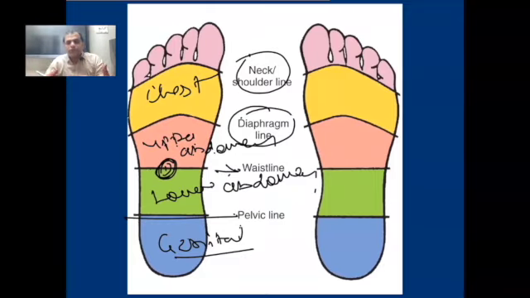But in this small foot, we have lots of points, 30-40 points. If you know the point, you will touch the point, and the person will complain, okay, I'm suffering with lower back pain, and many times the lower back pain is because of the ovary. As soon as you touch the point of the ovary, it will be very painful.